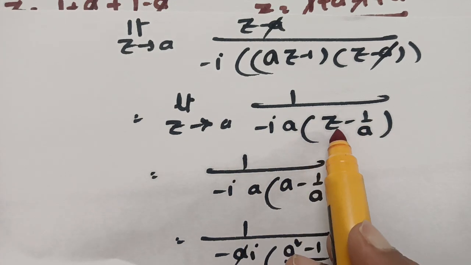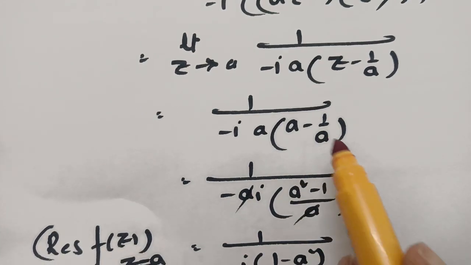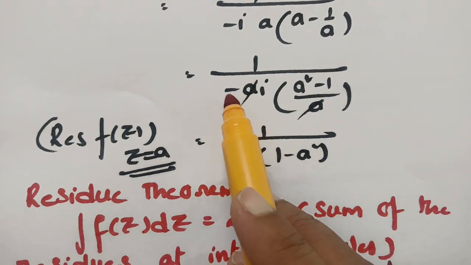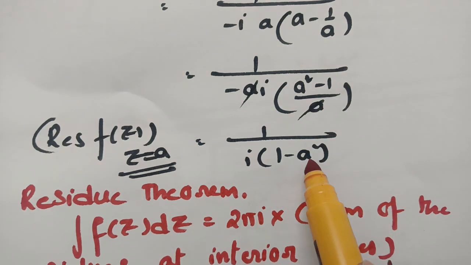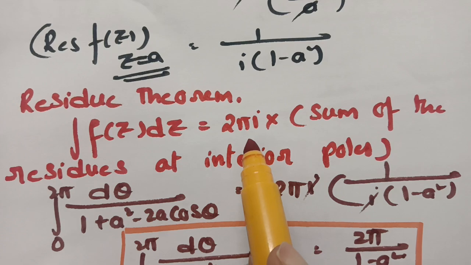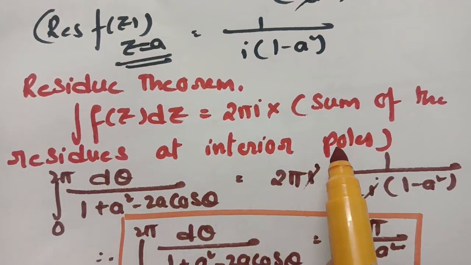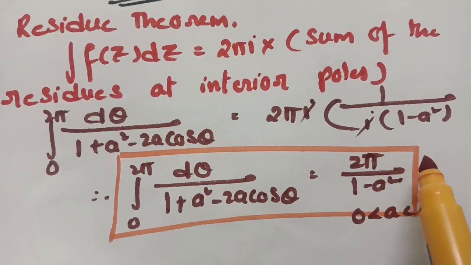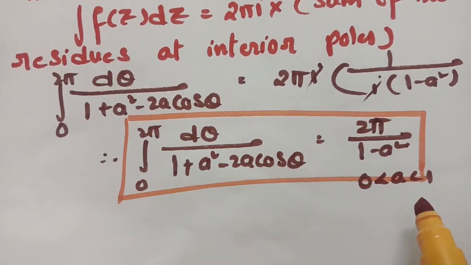So after substituting z is equal to a, I got a square minus 1 by a, and this is how we have to solve. After sending minus inside, this will be 1 minus a square. So according to our residue theorem, integral f of z dz is nothing but 2 pi i into the sum of the residues at the interior poles, that is 2 pi i into the residue value here is this one, and after cancelling, this is the final answer.